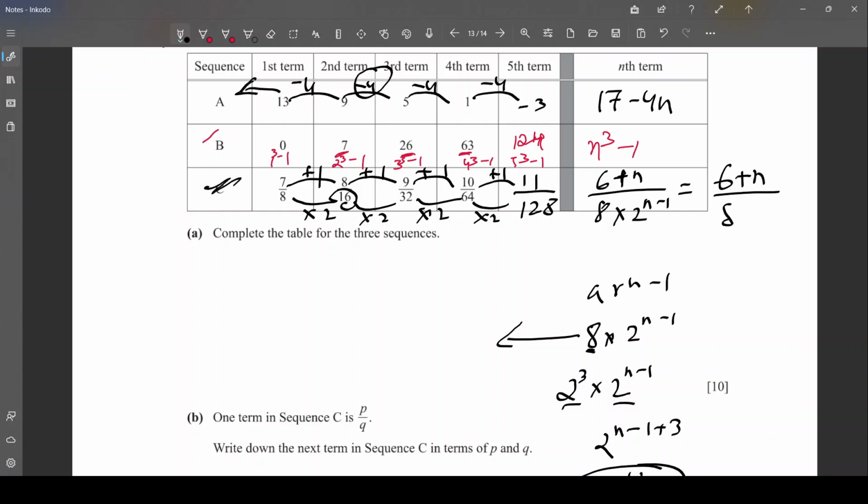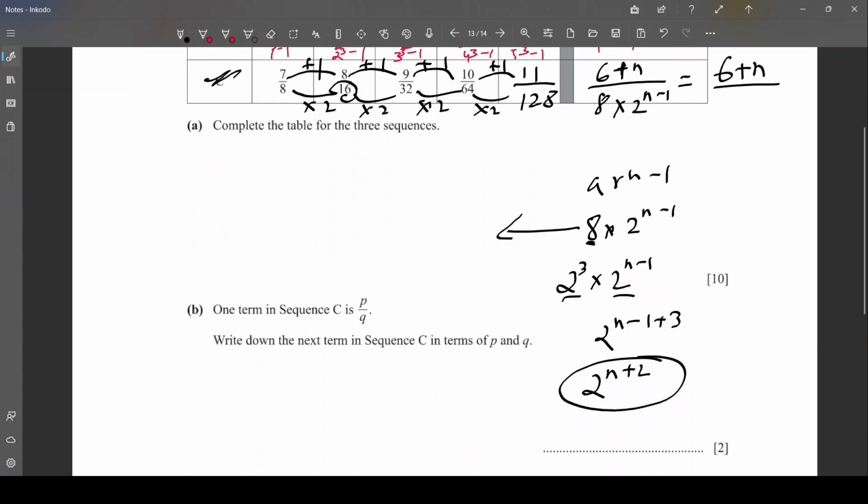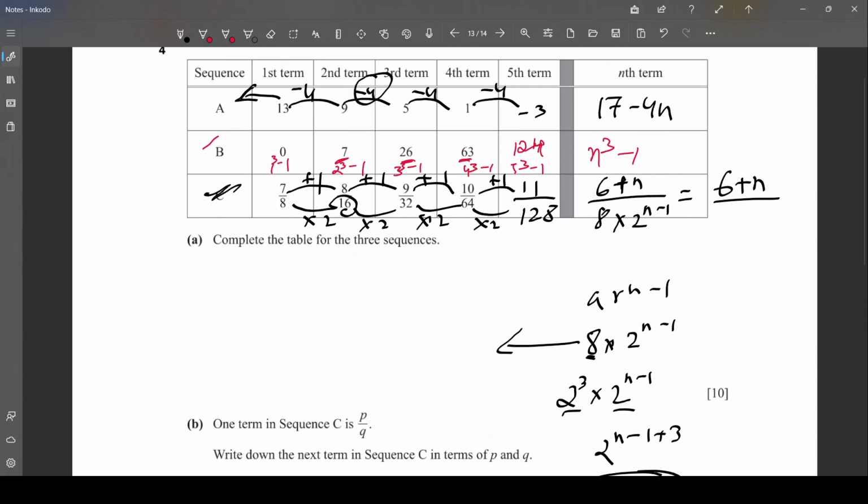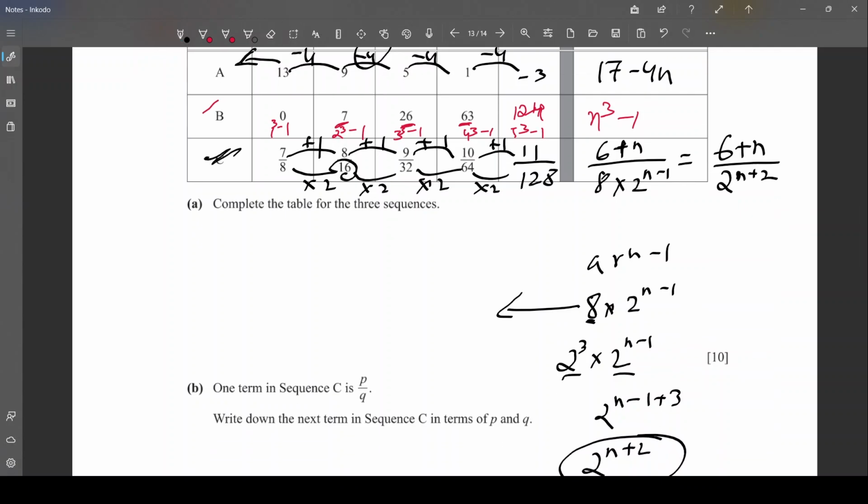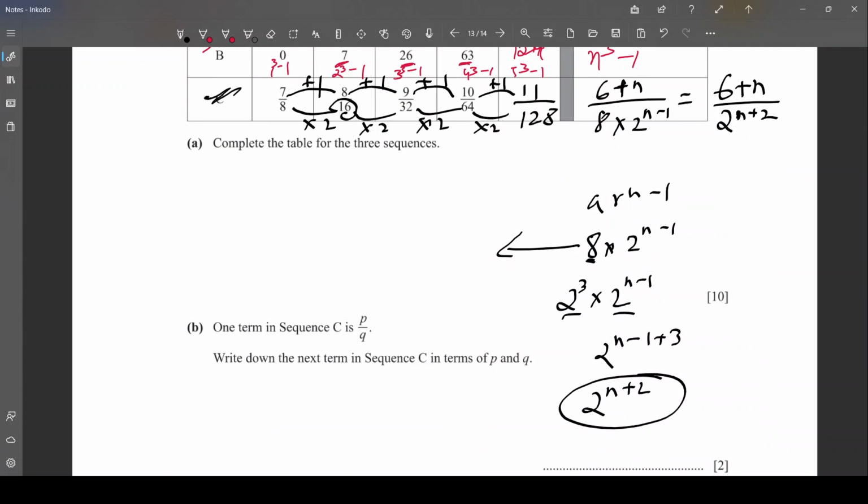Instead of writing 8, you can write it as 2 to the power n plus 2. Both are correct. Further, I have just expanded this 8 as 2 cube, and we just added the powers because the bases are the same in multiplication.